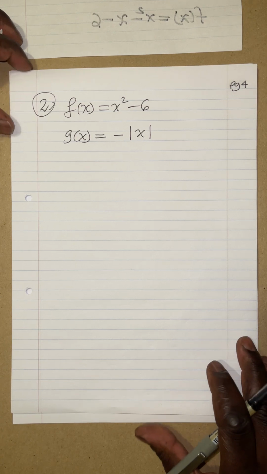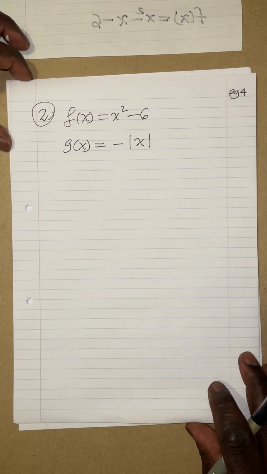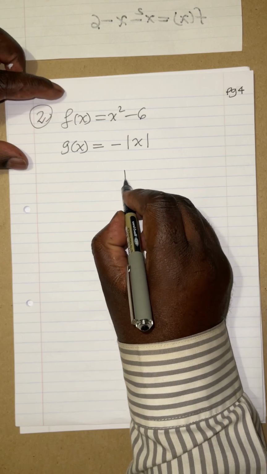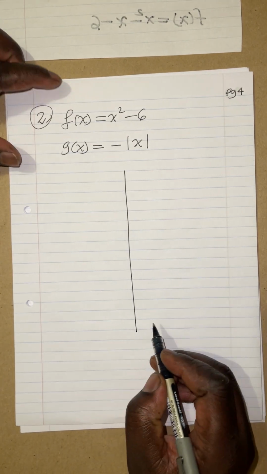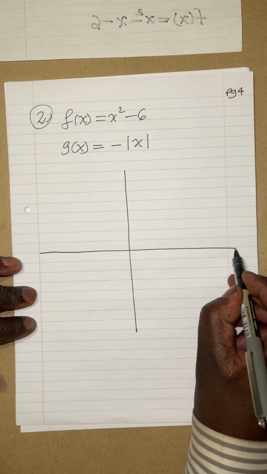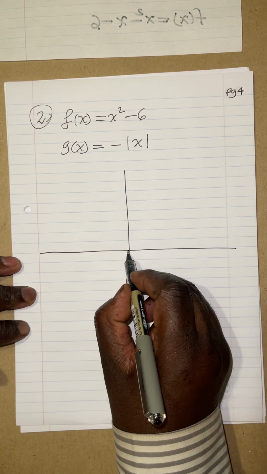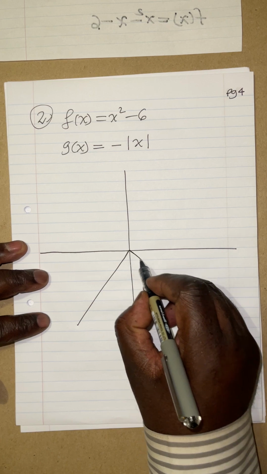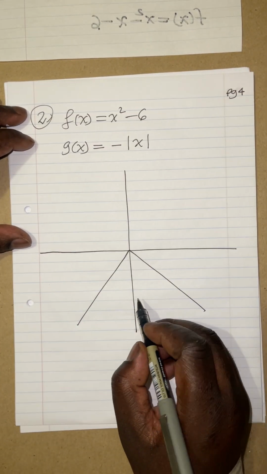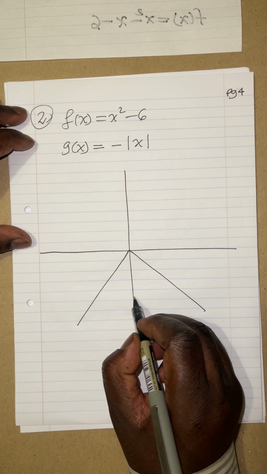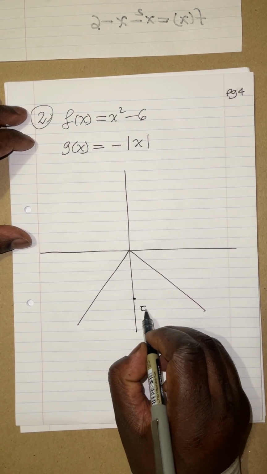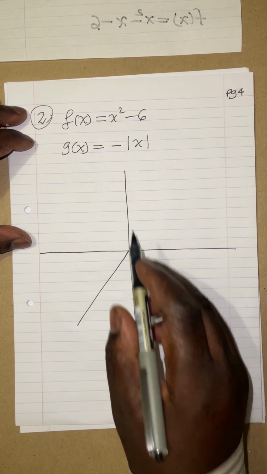So now, I'm going to be as quick as I can. Step 1, we sketch the two functions. We've already done the sketching of the absolute value function. But this other one, if you sketch it, will have a turning point on the y-axis somewhere here, at minus 6, if you see what I mean.